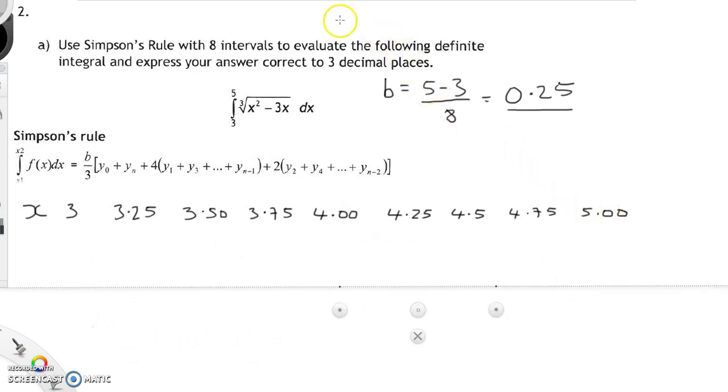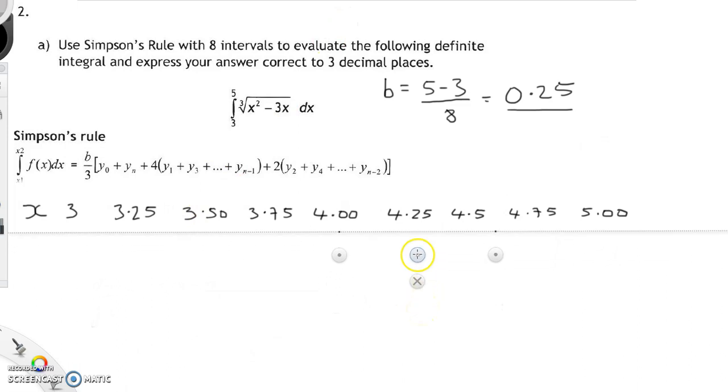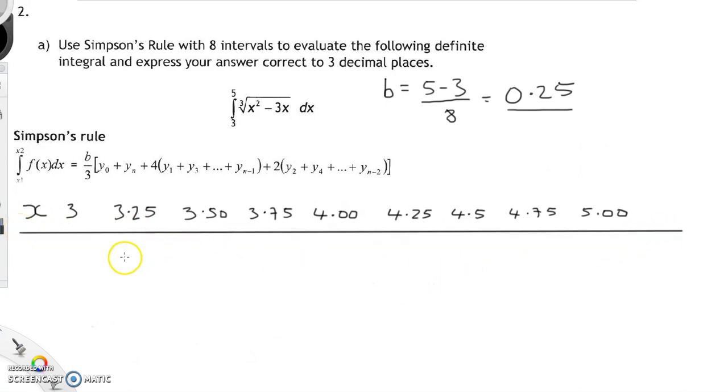Right, now I'm just going to draw a wee line here. We're going to work out a y value for each of these x values. So this value 3 is going to give us y0.